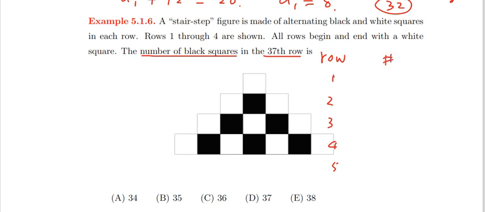So the number of black is 0, here's 1, here's 2, here's 3, right? So the question, if this is 37, this is very easy, you can find it, 36, right?